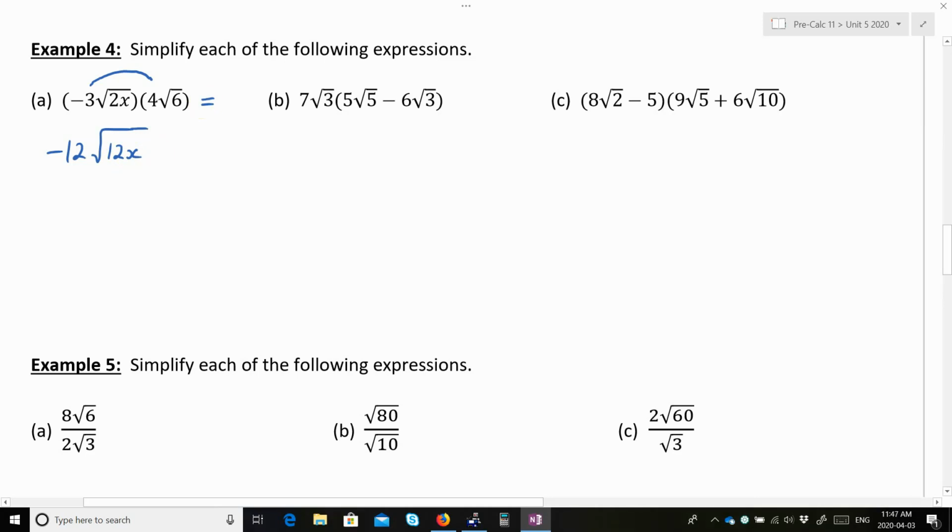And then from there, what you can do is try to simplify what you have inside the brackets, inside the square root. So we have the square root of 12. That can be written as the square root of 4 times the square root of 3. And then we would also have to have the square root of x on the end.